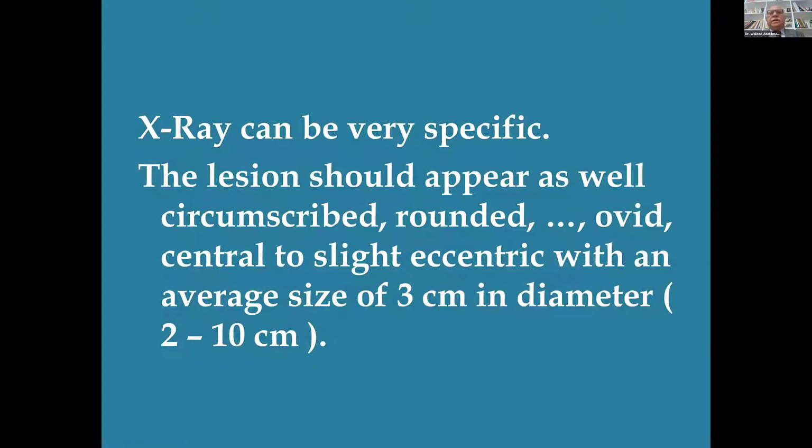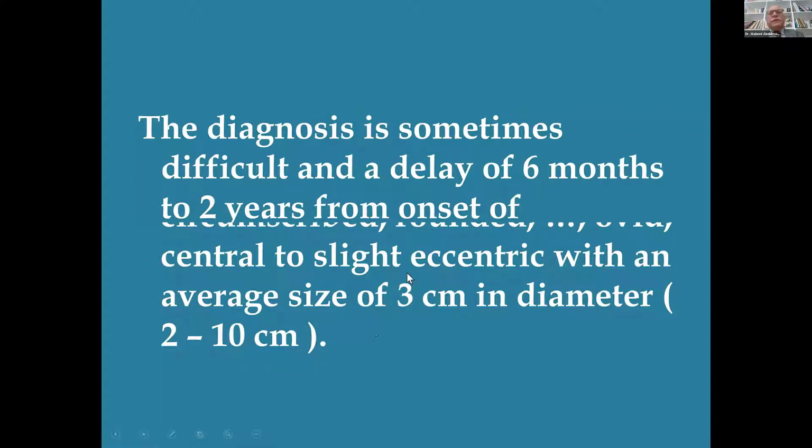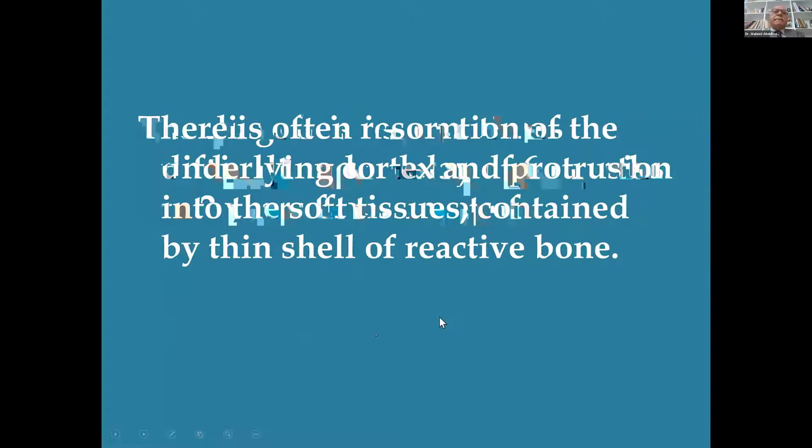X-ray may be very specific. The lesion should appear well circumscribed, rounded or oval, central or slightly eccentric, with an average size of 3 cm in diameter, not like osteoma, of course, maybe 2 to 10 centimeters. There is often resorption of the underlying cortex and protrusion into the soft tissues contained by a thin shell of reactive bone.